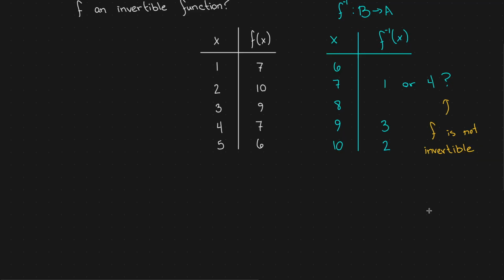So what we've learned here is that there are certain conditions that we need to meet in order for an inverse function to exist. This particular condition we are going to call one-to-one.